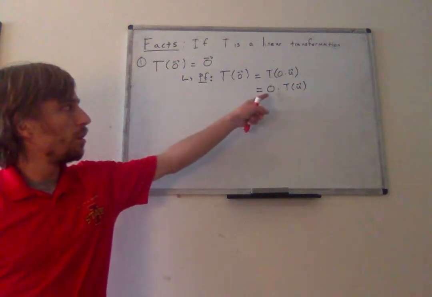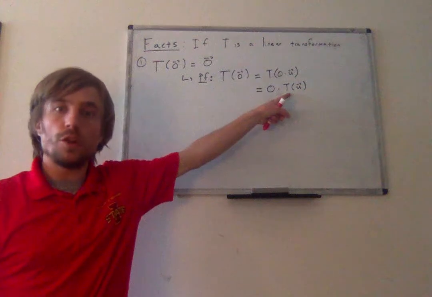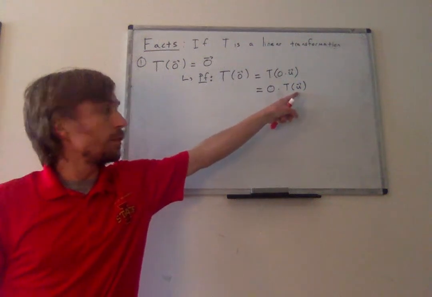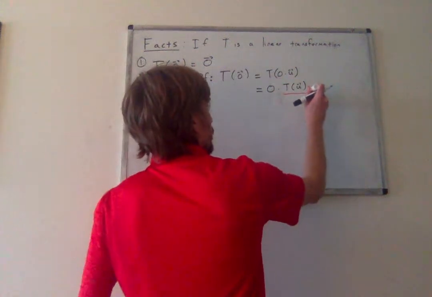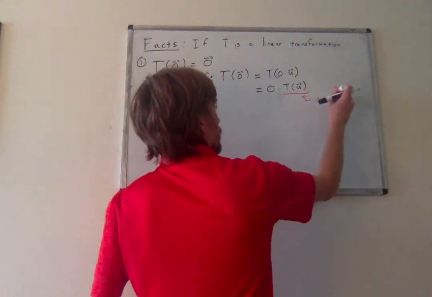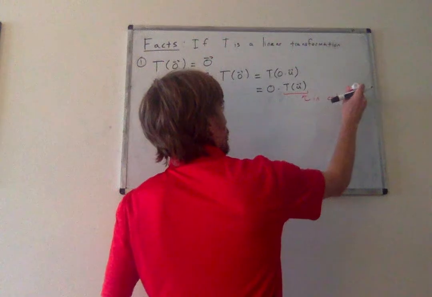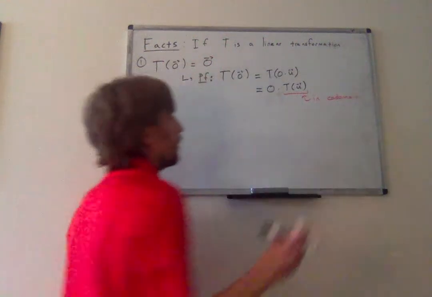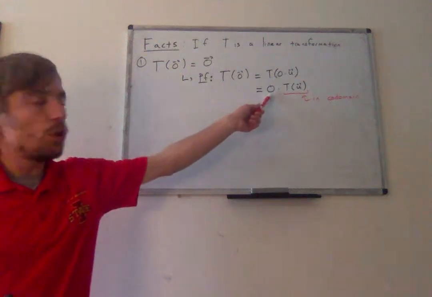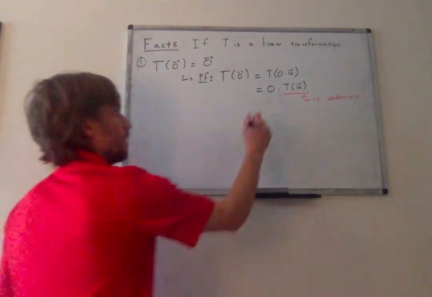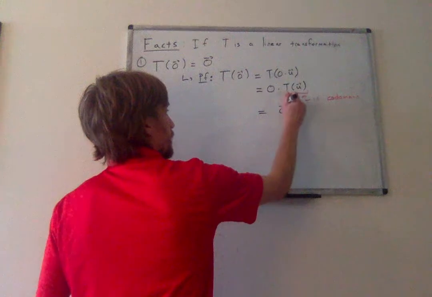Well, and so now this is a vector in my codomain, right? T of u is a vector that lives in the codomain. But I'm multiplying it by the scalar 0, and so this in fact just equals the 0 vector.